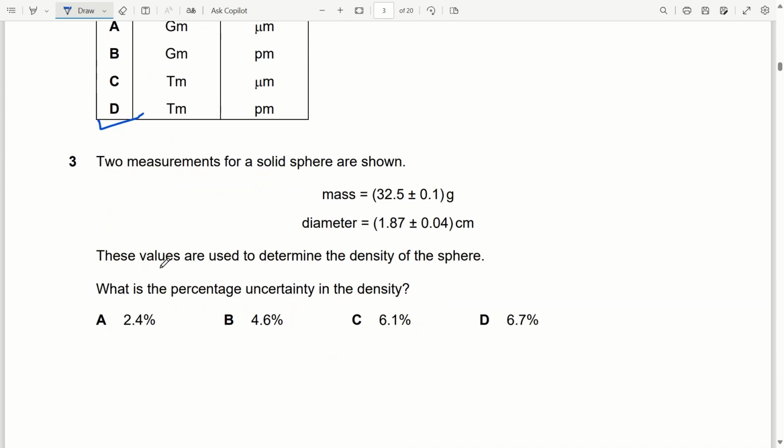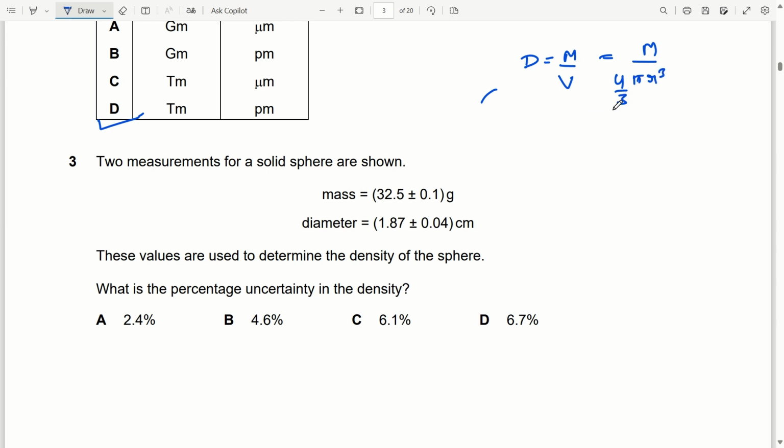Third question: two measurements for a solid sphere, mass and diameter, are given. If we determine the density, what will be the percentage uncertainty? Now we know that density is mass upon volume, and since the object is a sphere, its volume will be 4 by 3 pi r cube.